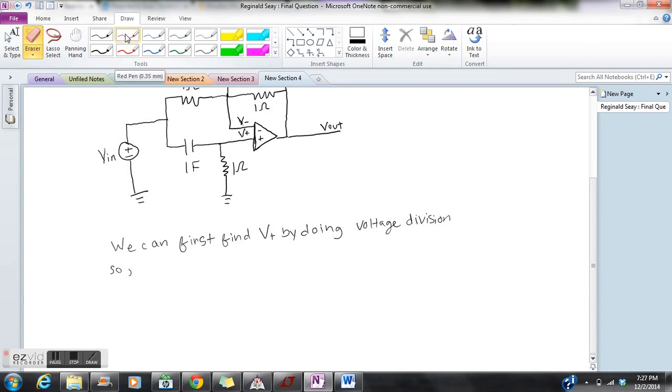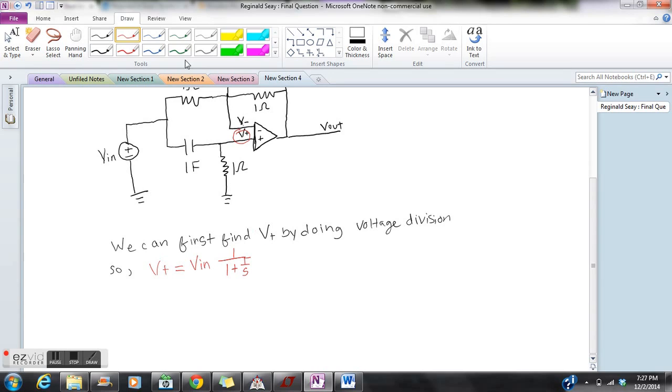I'm going to circle the V plus in red. Our voltage V plus is going to equal V in multiplied times 1 over 1 plus 1 over S. Okay, so that's our V plus.